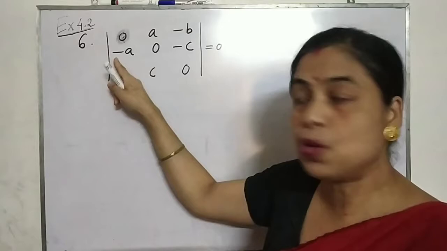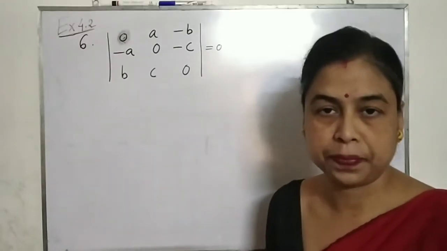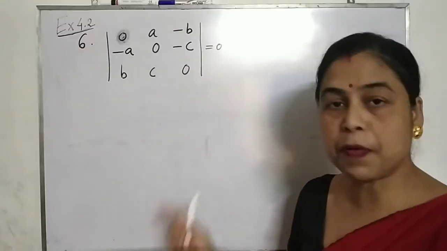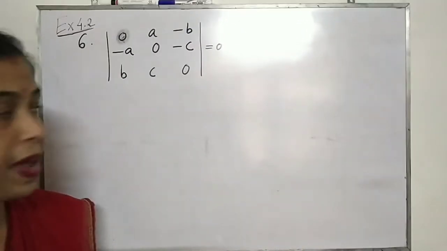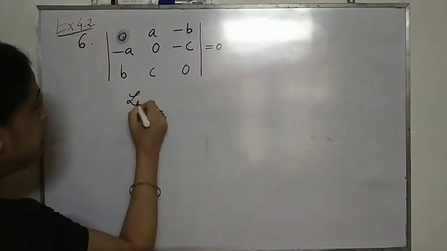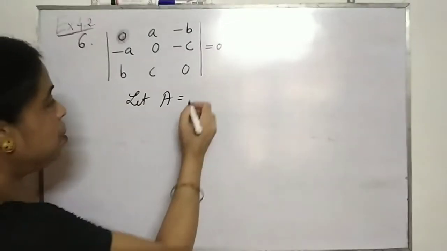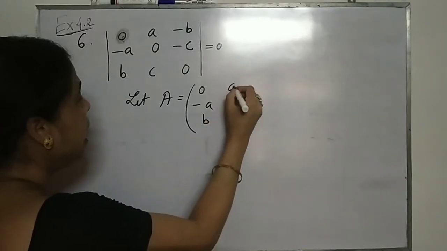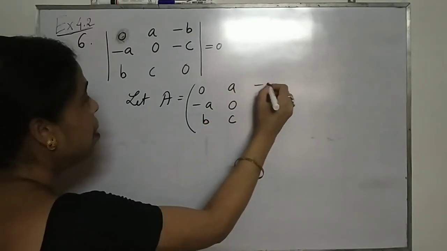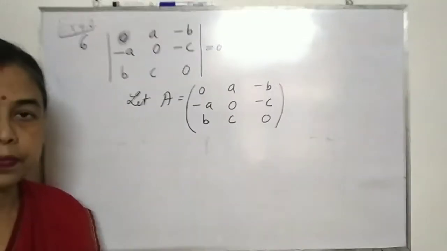In this type of question, we will proceed in a slightly different way. First, I will name the matrix obtained from this determinant. Your matrix is 0, minus a, b, a, 0, c, minus b, minus c, 0. This is the matrix we suppose.